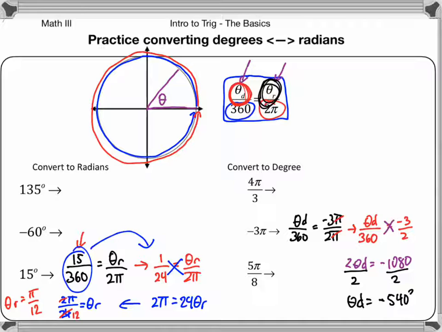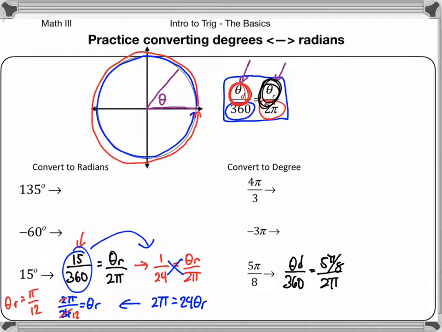Okay. And so, yeah, let's go ahead and take a look at the last one for good measure, and then we'll have plenty of examples to try on our own. Okay, so we have theta d over 360 equals 5 pi over 8 divided by 2 pi. So let's go ahead and knock this part out up here. That's like 5 pi over 8 multiplied by the reciprocal, because that's how we do compound fractions.